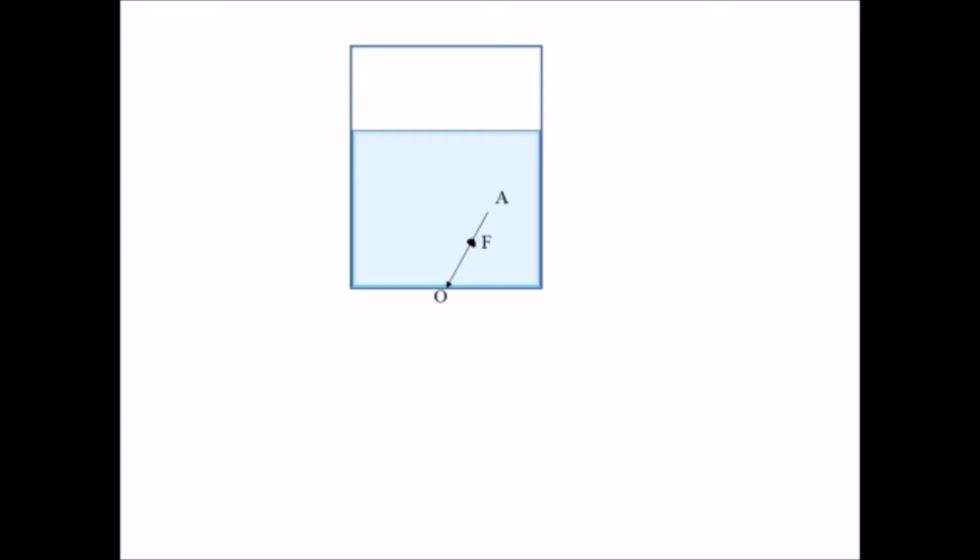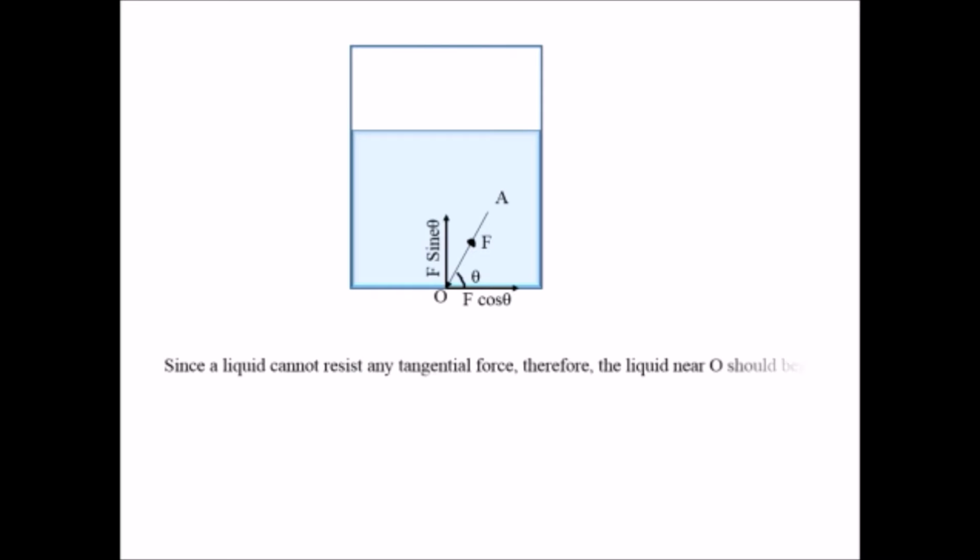So suppose that this force is inclined at an angle theta with the surface or the bottom of the container. Then we can resolve this into two rectangular components as F sine theta and F cos theta. But the liquid, as it is at rest, is not flowing. And if we consider this F cos theta, then the liquid should start flowing in this direction, but it is not so.